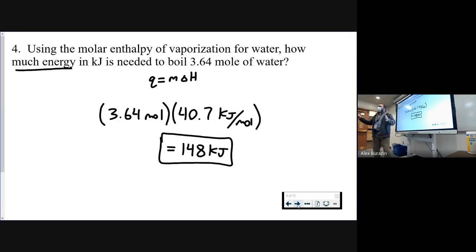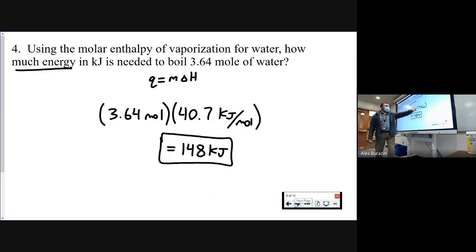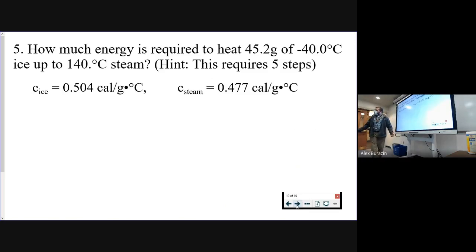So you're just trying to match the units, right? If I have mass, let me pick the enthalpy that is per mass or per gram. If I have moles, let me pick the enthalpy that is per mole to make sure I'm doing it correctly. That kind of makes sense? It's just a label thing, really, I guess.